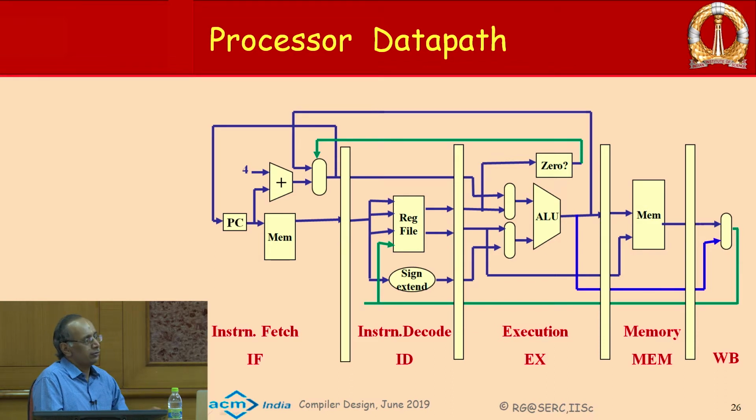It could be an add instruction, or a jump instruction, or a subtract instruction, or whatever it is. That instruction that you have fetched is put into the instruction register, and you are going to execute that instruction. But at the same time, you take the program counter value and increment it by 4, and this might eventually go back into the program counter, or something else can go into the program counter. So this is a multiplexer.